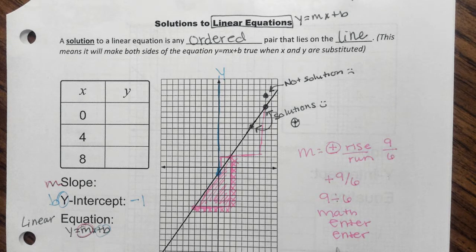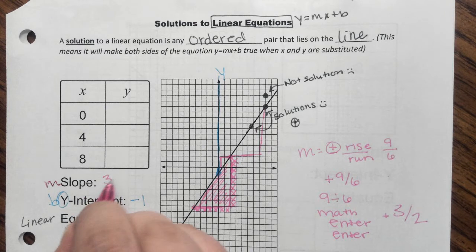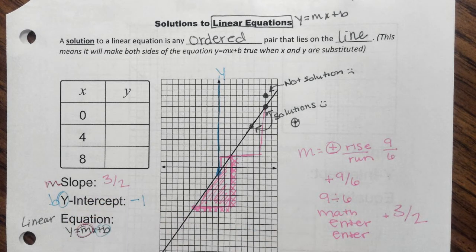And after you do that, you see that the slope reduces to 3 halves. This is positive 3 halves. We have the slope, we have the y-intercept, so now I can write the linear equation. When I'm writing the linear equation, I have y equals, instead of m, I write 3 halves x, instead of plus b, I'm writing minus 1.